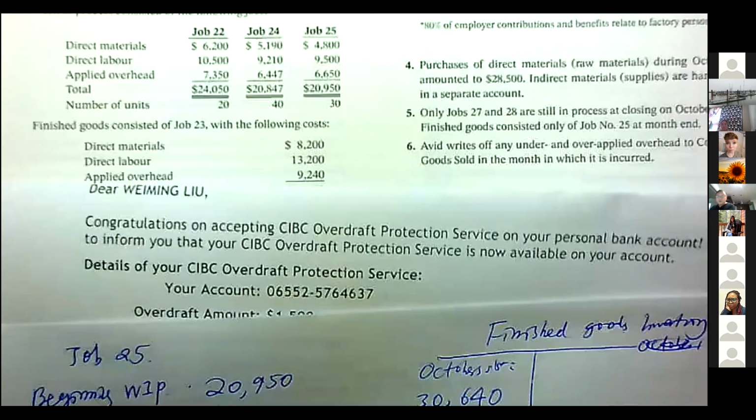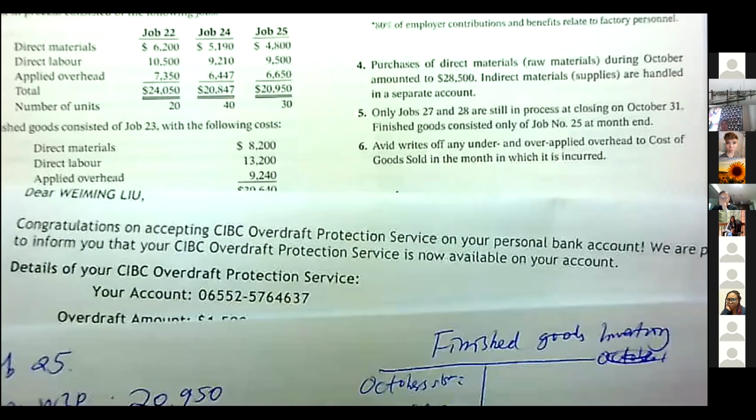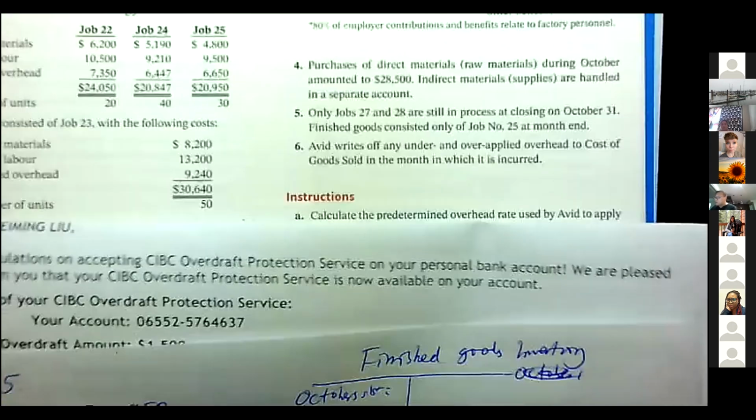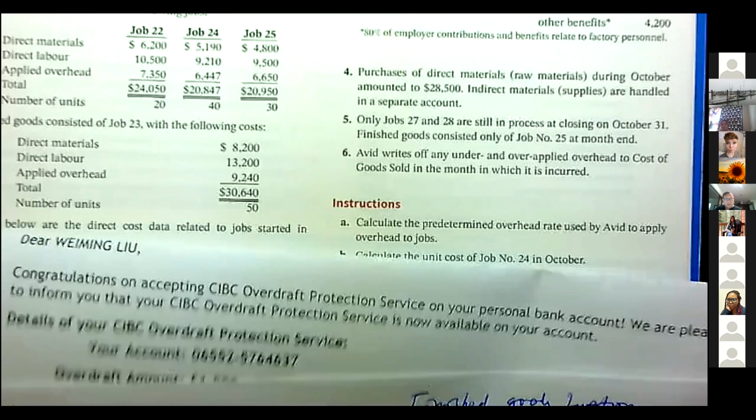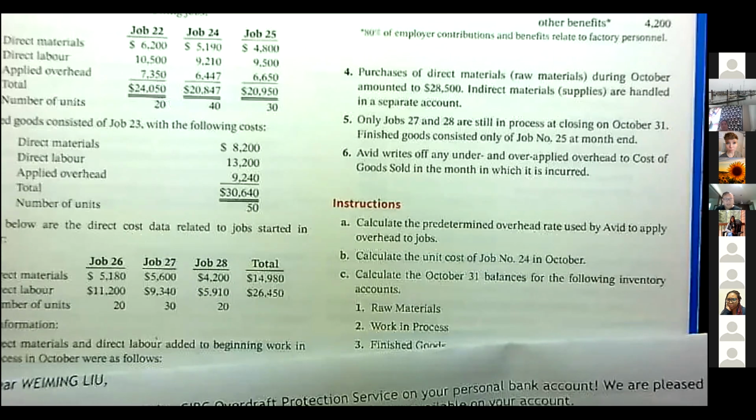Then I'm going to add the cost transferred. So what are the job orders transferred into the finished goods? What are the costs?